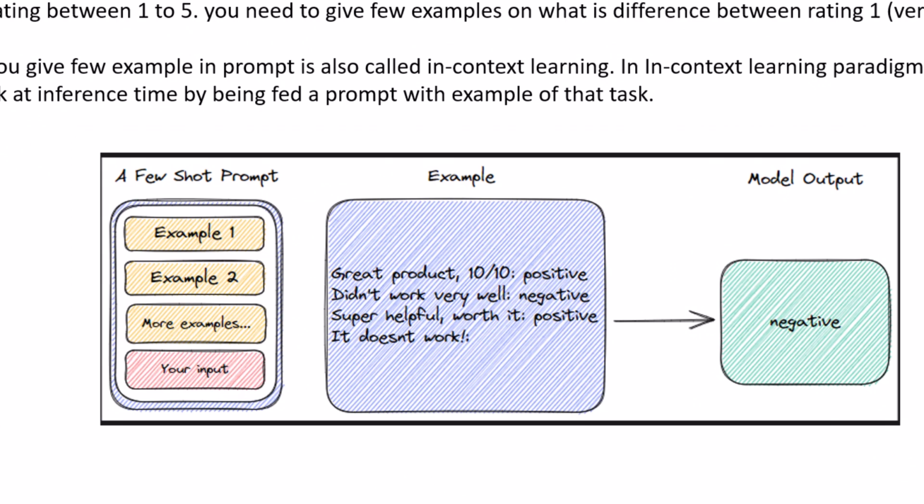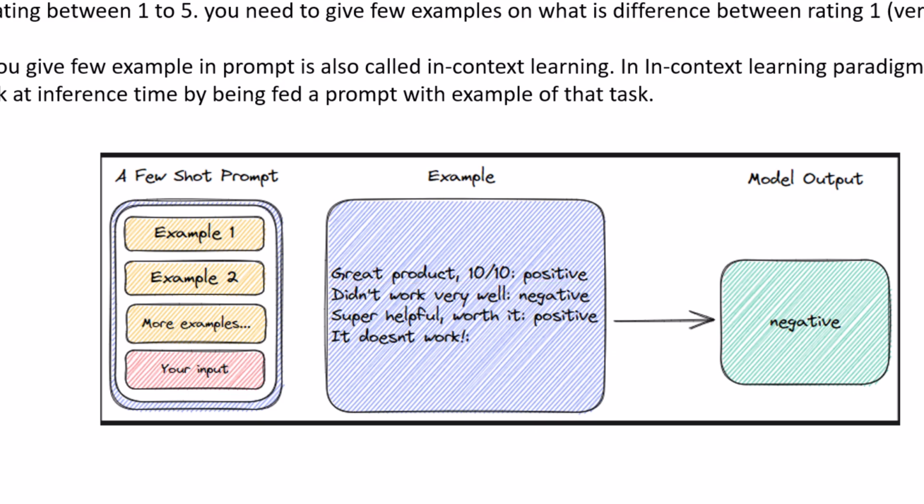The few shot learning is very simple. You give couple of examples and then you ask your prompt. In this example, you are doing a sentiment analysis and you are giving couple of examples like great product, 10 on 10, positive.